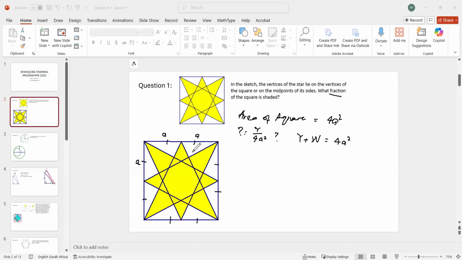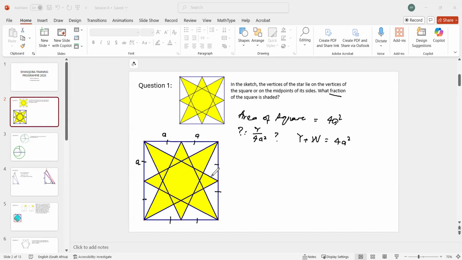Now the white part is very much easier, because the white part consists of several triangles. In fact, there are 8 triangles, 2 there, 2 there, 2 there, 2 there. And they all look like right angle triangles, which makes it very nice. It means that we can find the area of these triangles if we know the base and the height.